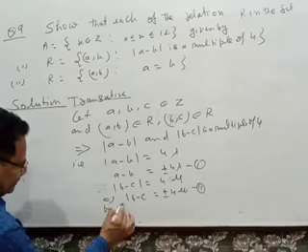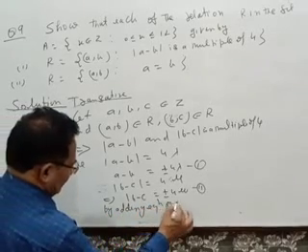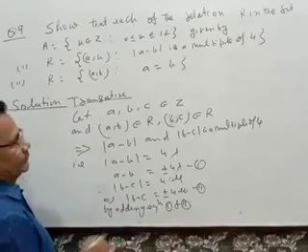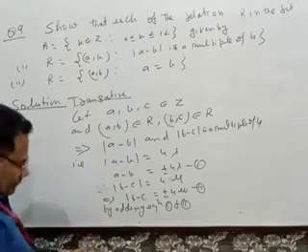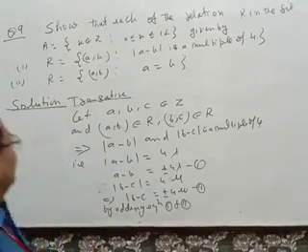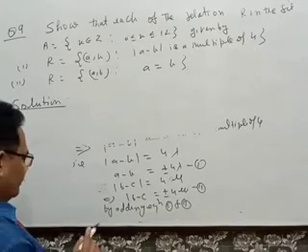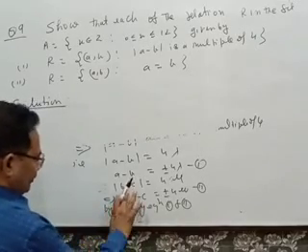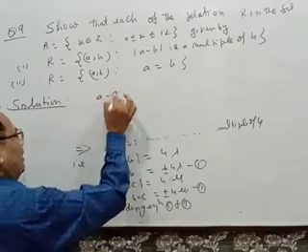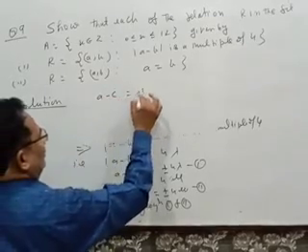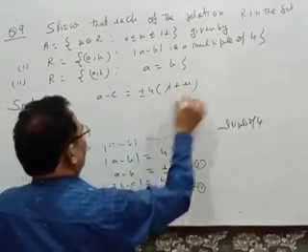By adding equation first and second, we find a minus c is equal to plus minus 4 times (lambda plus mu).